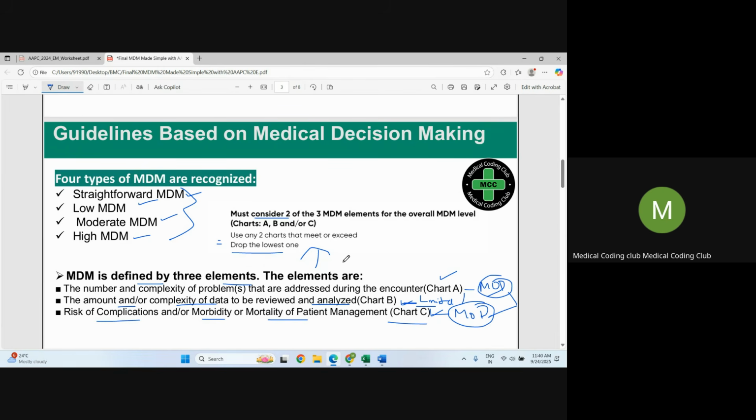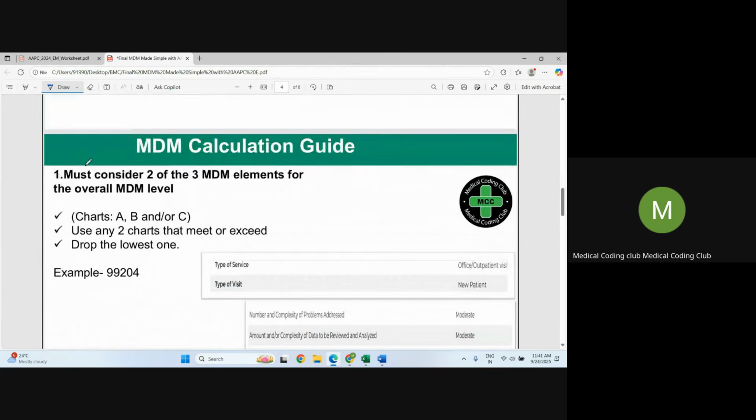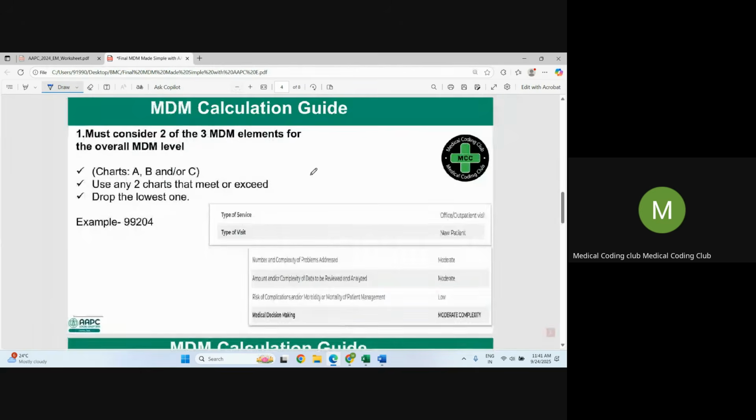I'm not going to discuss it in detail because I have already explained everything in my previous videos. In today's session, I'm just focusing on how to use the AAPC calculator. Before that, I'm giving you some overview again. Next coding guideline, you can take one real-time example for guideline one.